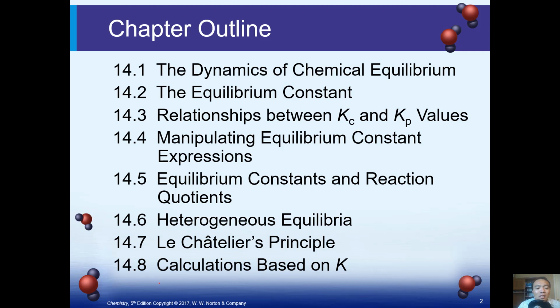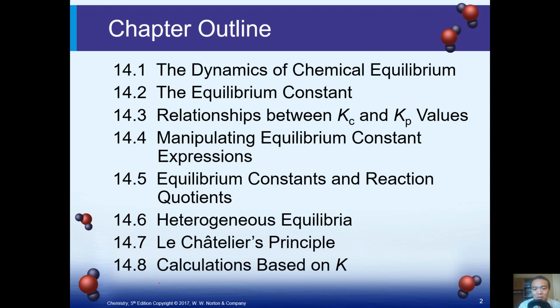Then we will talk about Le Châtelier's principle, which tells us, if a reaction at equilibrium is perturbed by changing the conditions, to which direction the reaction will shift to re-establish the equilibrium. Then lastly, we'll talk about some calculations based on the equilibrium constant K.